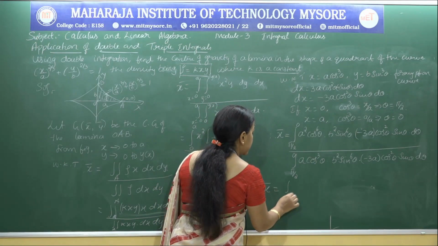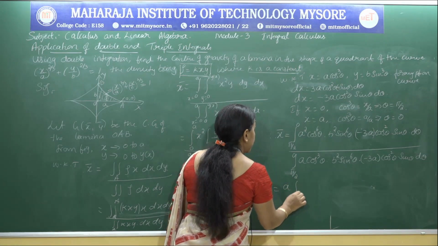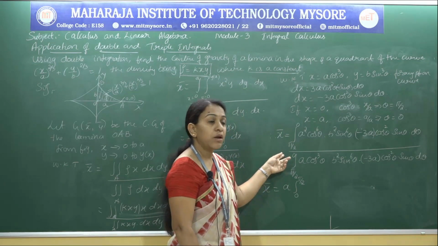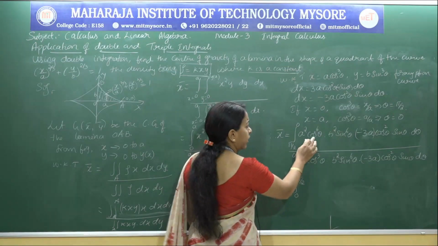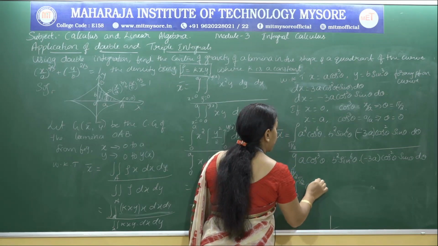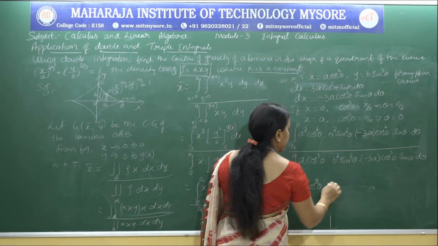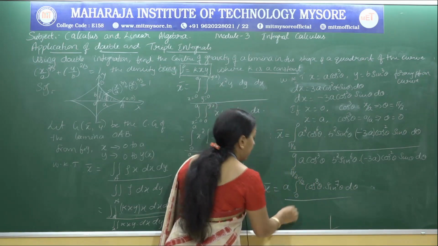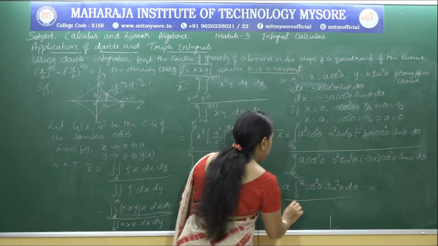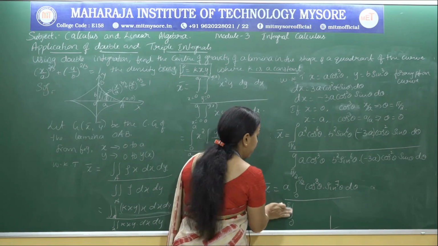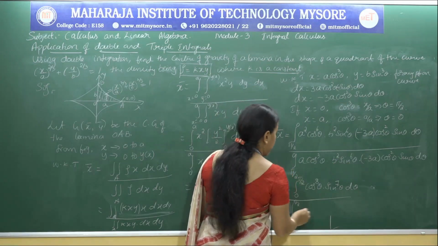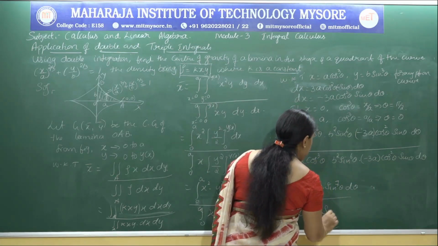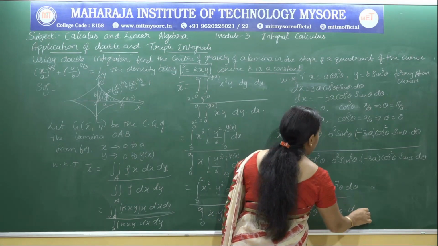So x bar is a times the integral 0 to pi by 2 of cos power 8 theta into sin power 7 theta d theta, whole divided by the integral 0 to pi by 2 of cos to the power of 5 theta into sin to the power of 7 theta d theta.